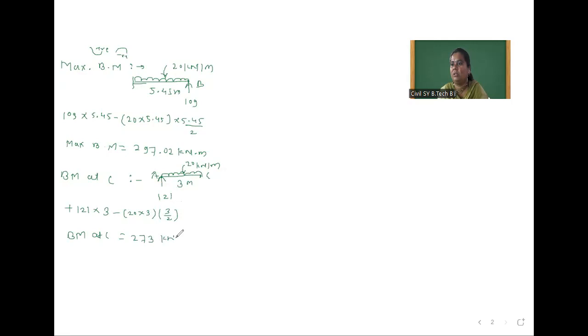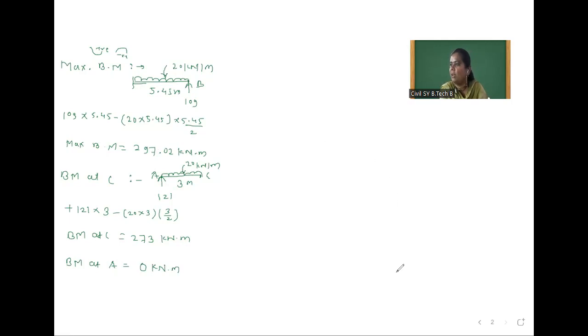273 kilonewton meter. And last, bending moment at A. At A point a force is there, but the perpendicular distance is 0. That's why bending moment at A is 0 kilonewton meter. So these are the bending moment calculations. Now you observe bending moment at A is 0, at C 273, maximum bending moment 297.